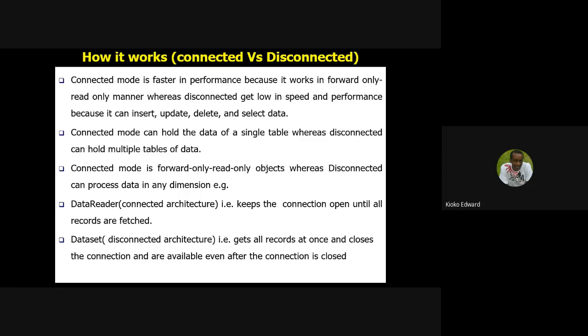In the connected mode, the connection to the database should be open for us to fetch the records from our database. In the disconnected architecture, we open the connection, fetch all the data, then close the connection, and we can even access those records after the connection has been closed.